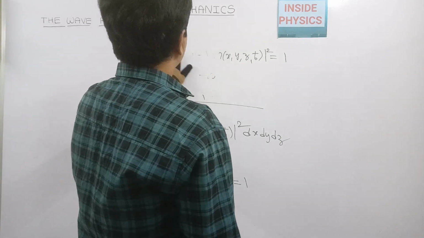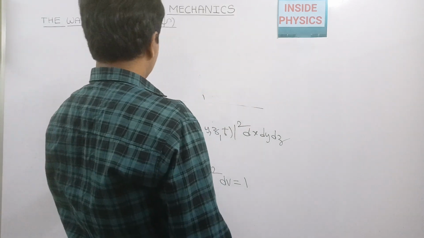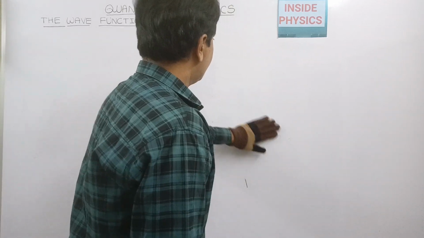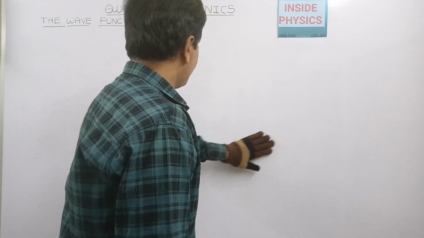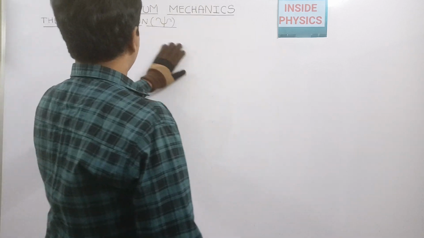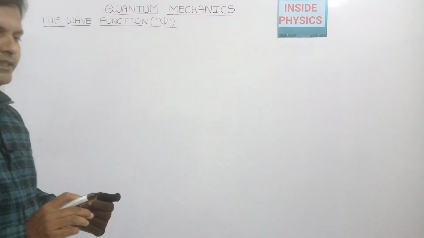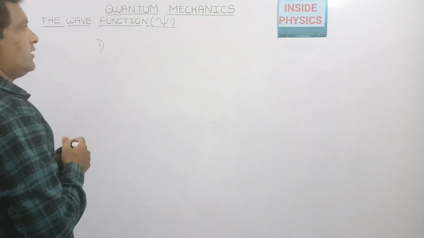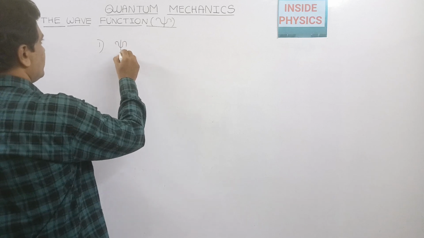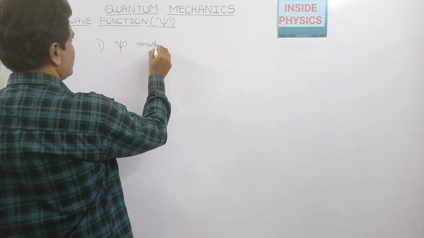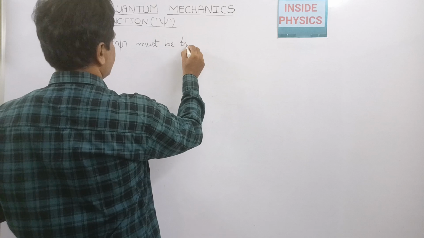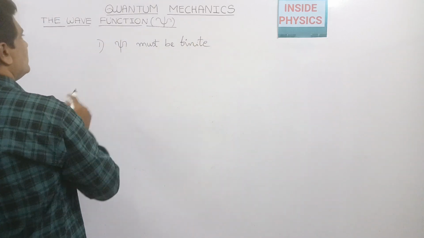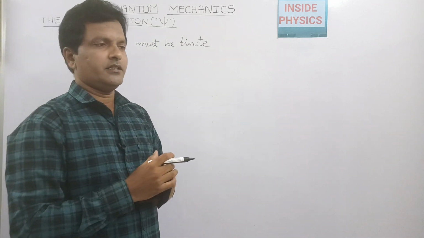Next, we will see what a well-behaved wave function is. Well-behaved means a wave function has to be a proper wave function, so it has to meet some criteria. The first one is that the wave function psi must be finite. What is finite?